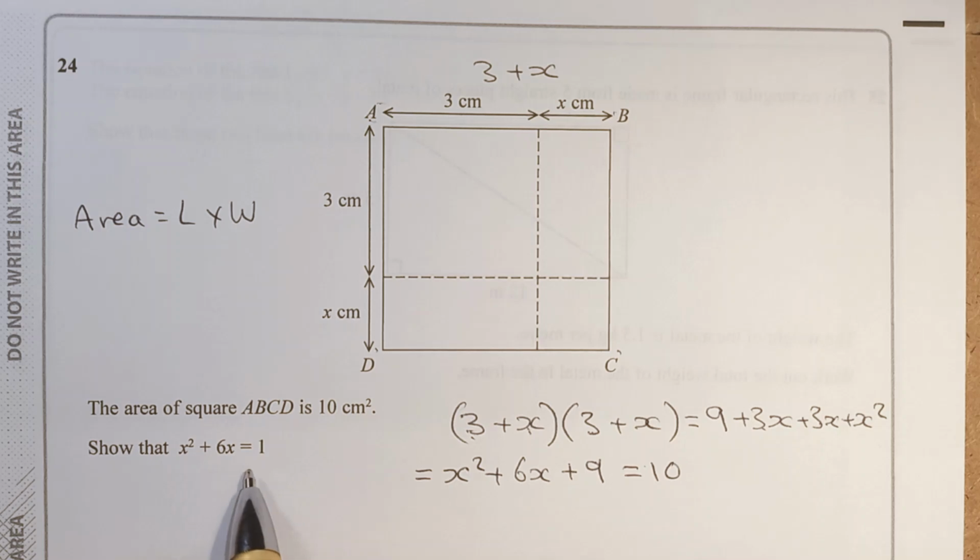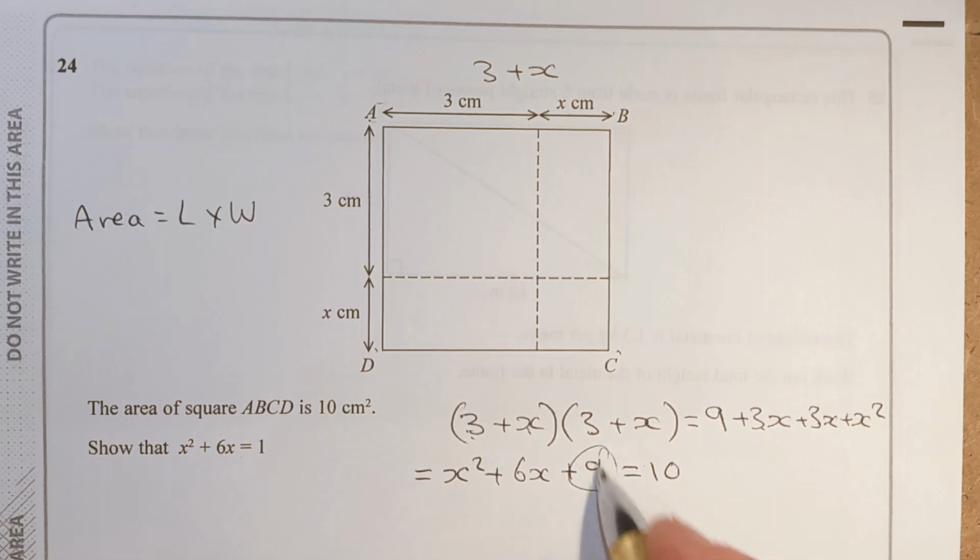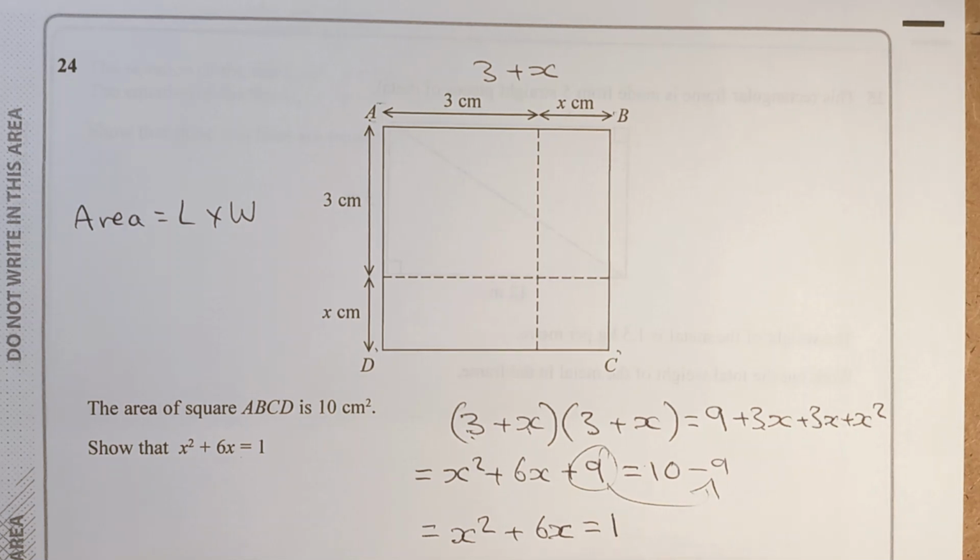Now, to get it to look like this, we haven't got any constant value on the left. So we can move the 9 across and make it a minus 9. So we get that x squared plus 6x equals 10 minus 9, which is 1. So we've shown it.